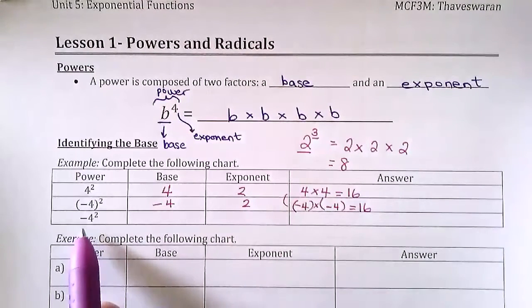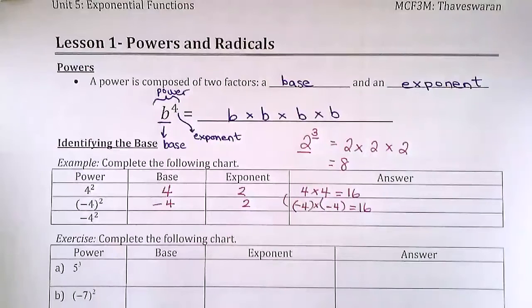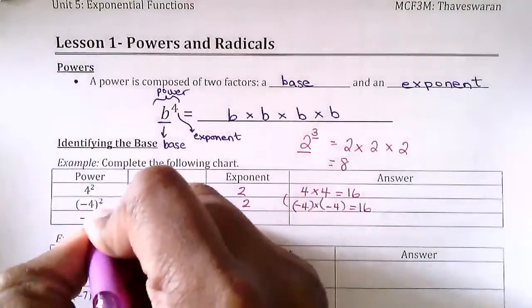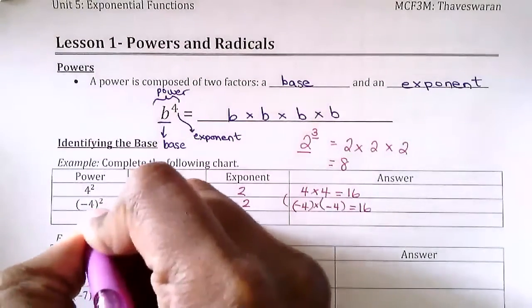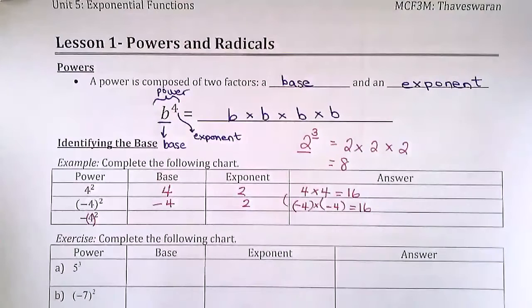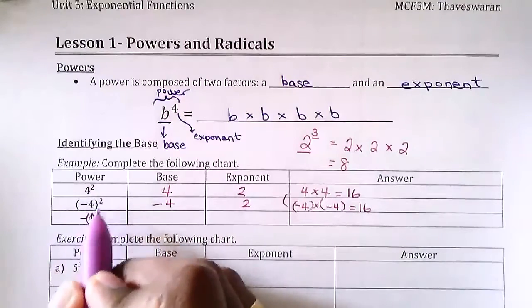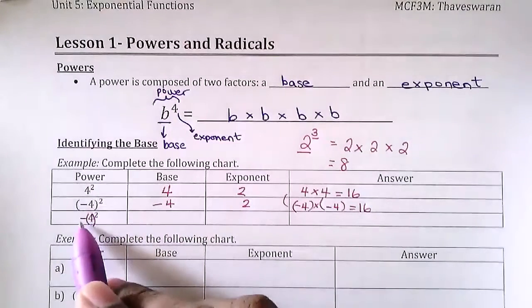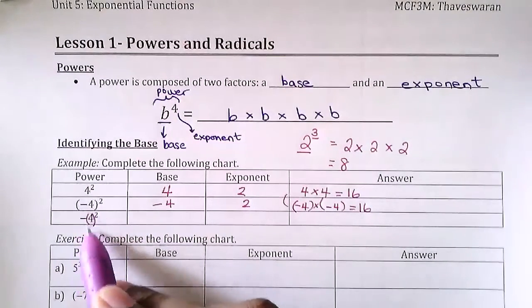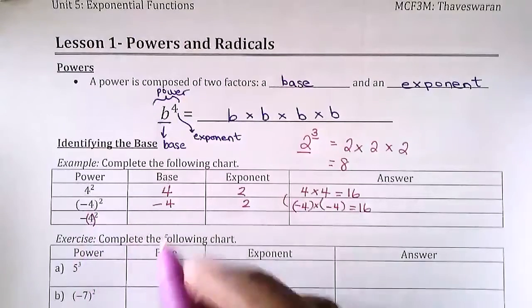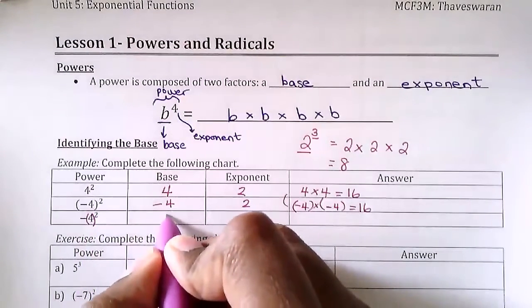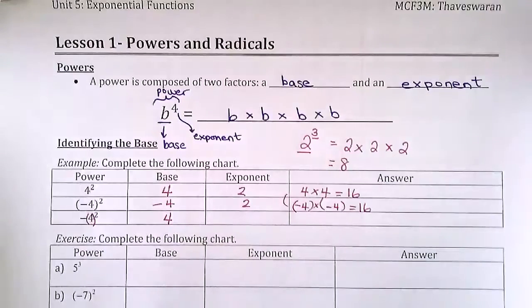This is where most people get confused, because it looks like the base is -4, but in reality, you should rewrite something that looks like this. The bracket doesn't include the negative, because if it did, it would look like the second example here. Here, there's a negative off to the side, and then 4 as your base to the power of 2. So what's the base here? The base here is 4.